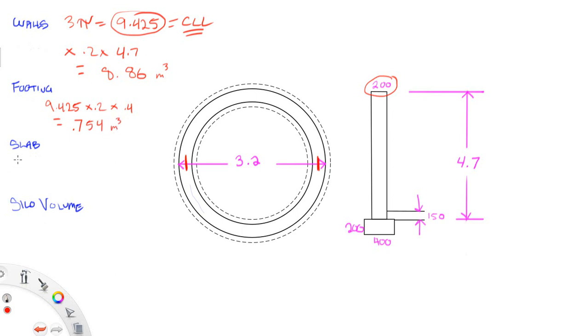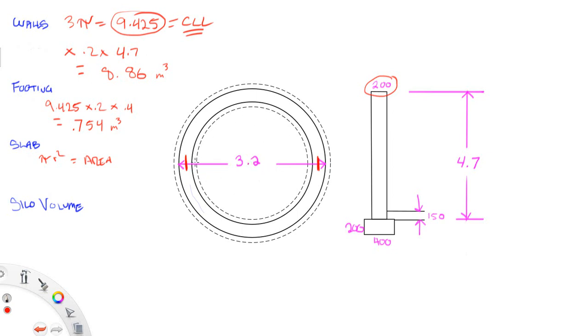And now for our slab. We remember that the formula for a circle, for our area, is pi r squared. So pi r squared equals our area. We first have to find out what is the radius of the inner circle.